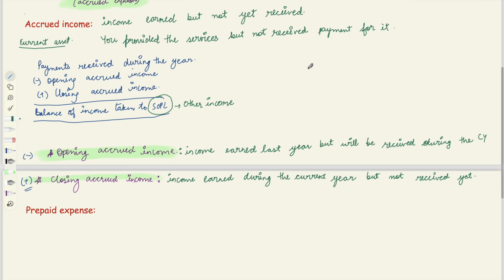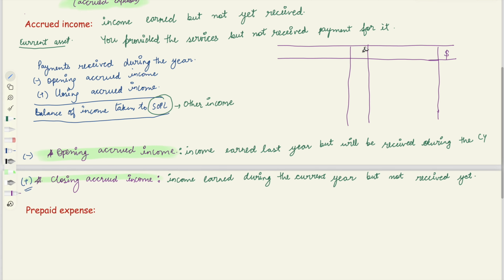Okay, now if you have to prepare a ledger account, so let's prepare a ledger account. Ledger account will be on the basis of same thing. Now this opening balance is my asset, and assets usually have a debit opening balance. So balance brought down, what is it?